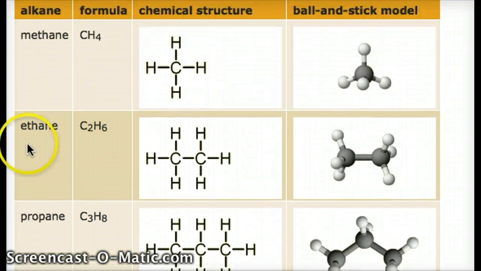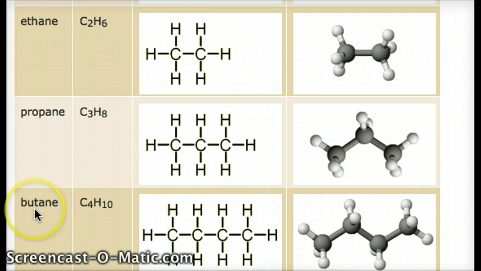So the meth, eth, prop, but stays the same. And if we've got 4 carbons, we just make sure that every single carbon has 4 bonds, 4 things attached to it, whether it's hydrogens or carbons, and they're all single bonds.